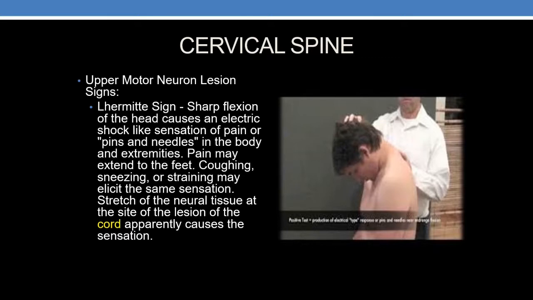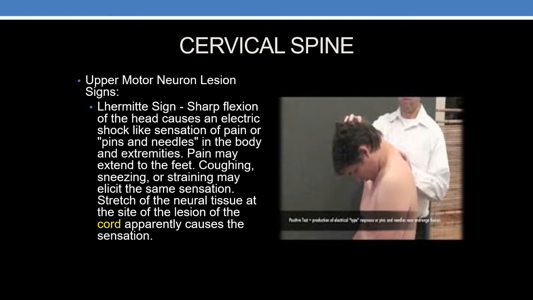Increasing intrathecal pressure through the Valsalva maneuver by coughing, sneezing, or straining may elicit the same sensation or may worsen the sensation in the case of a positive Lhermitte sign. The theory on this test is that stretch of the neural tissue at the site of the spinal cord lesion apparently causes the sensation.